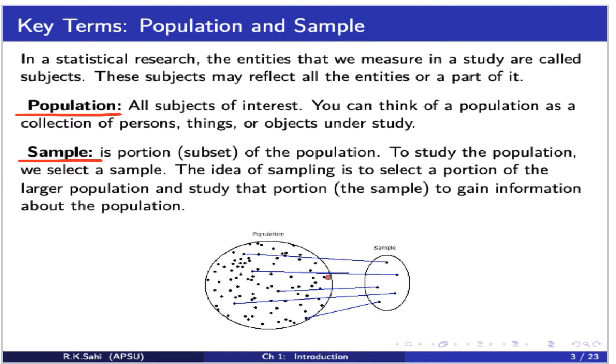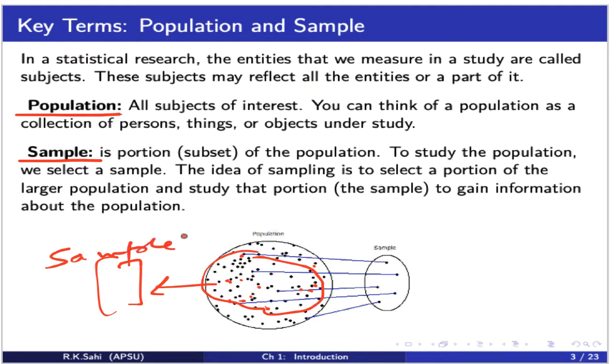So for the sample, suppose this whole little circle represents all APSU students who are left-handed. If I want to take just a handful of them, I randomly pick them up like this. Suppose all these red dots I pick up and gather together and put in this little sample, say sample 2.